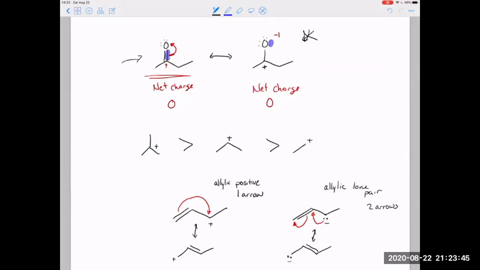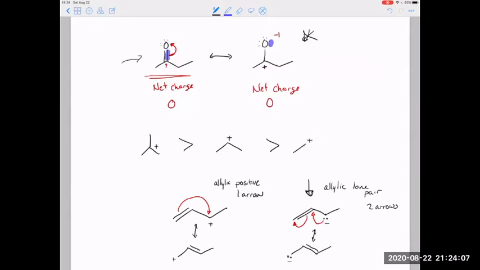Right, and just to point out why you have to have the 2 arrows. Something to remember about electrons: they're not like marbles that you're flicking around. They're these clouds, so they can move simultaneously together.